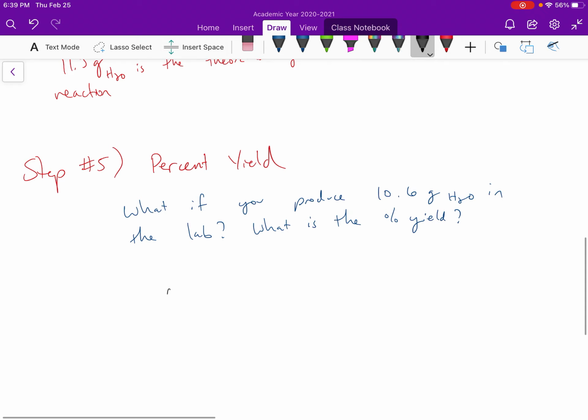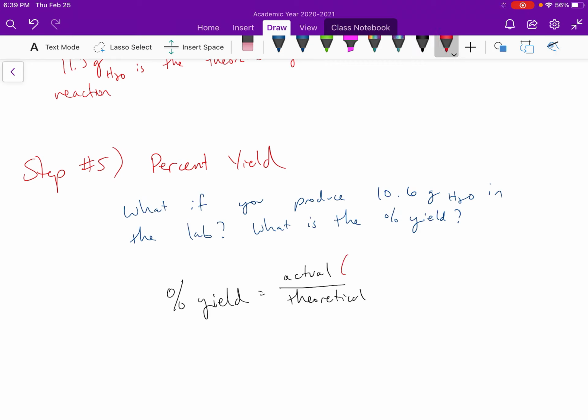Well, percent yield is very simple. And it equals actual amount over theoretical. Okay? So actual meaning from a lab, theoretical meaning from the math, times 100%.